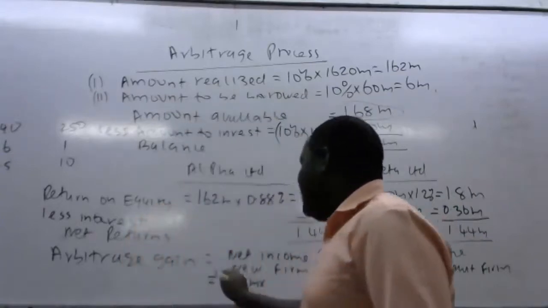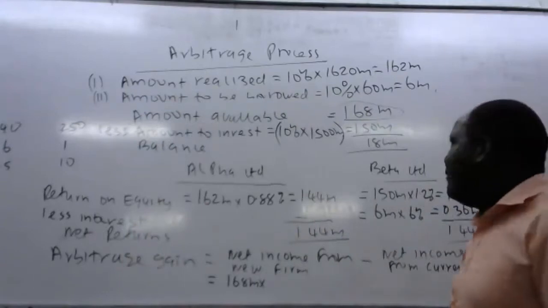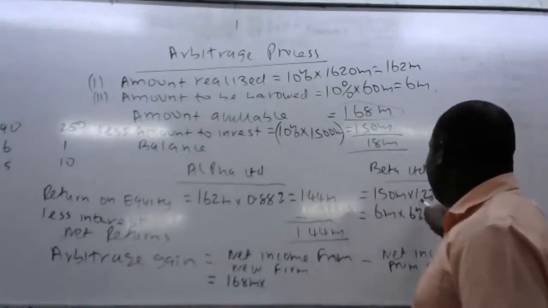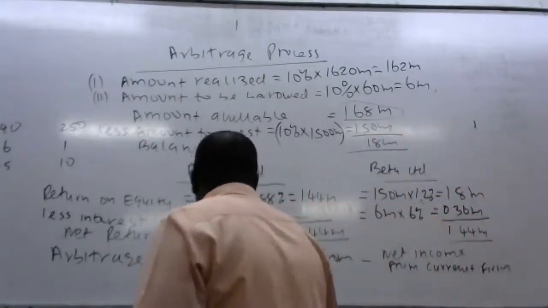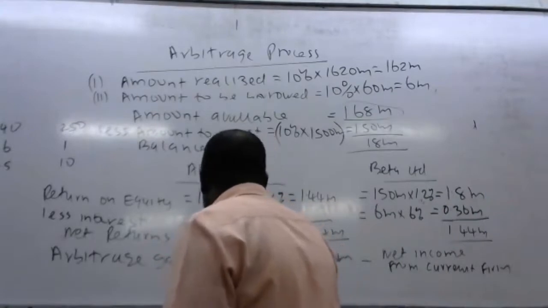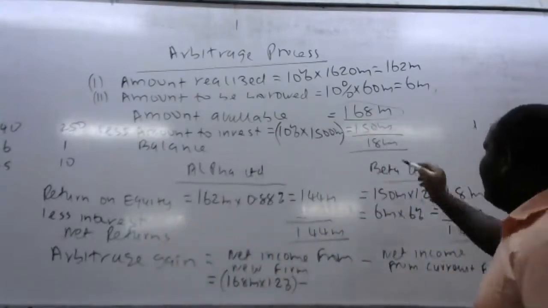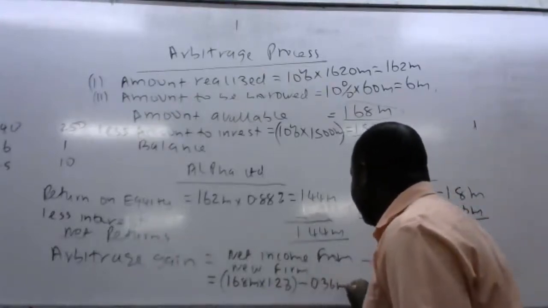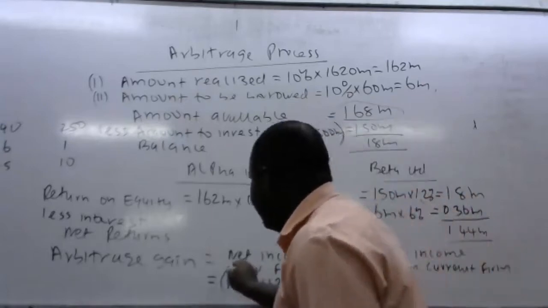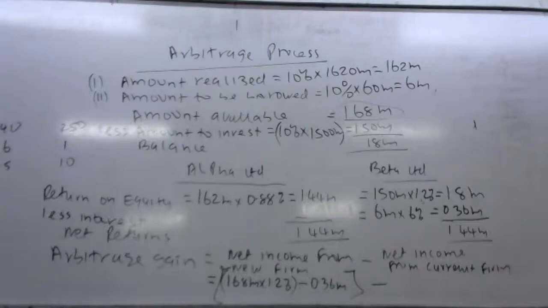You remember Ke? It was 1.1%. It was 1.2%. So multiplied by 1.2%, but you still have to subtract the interest from that new firm. That interest was 0.36 million. So that now will be the net income from the new firm.